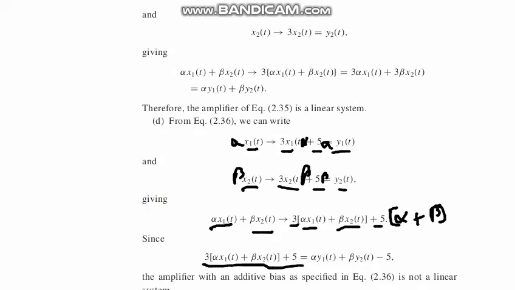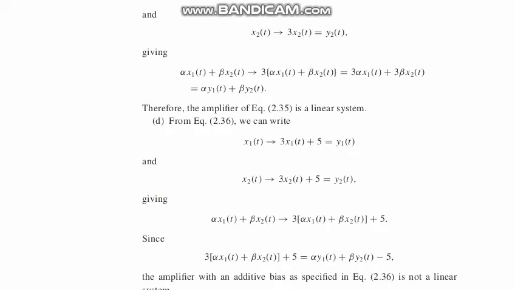In this condition, that should have been written here, but they have missed this. By taking this, you can find alpha y1(t) plus beta y2(t).